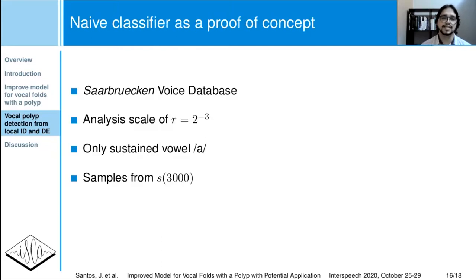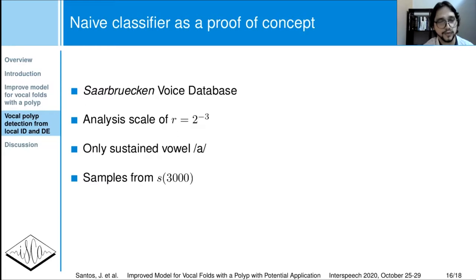As a proof of concept, we implemented a naive classifier to classify human voices with polyp and without polyp. We got this data from the Saarbruecken Voice Database, which is available online, and we used only the sustained vowel A, and we used an analysis scale of r equals 2 to the minus 3, as we could see a difference with the synthesized model.